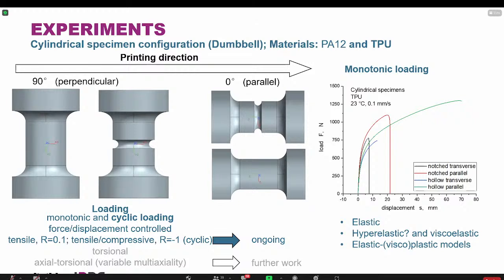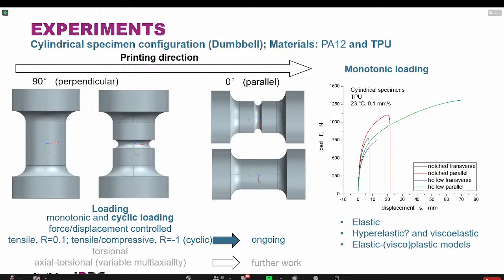This was then manufactured, printed into specimens. Specimens with this cylindrical geometry, what you see is a kind of cylindrical dumbbell specimen, and the printing orientation was perpendicular to the axis of the specimen, and then also parallel to the symmetry axis of the specimen.